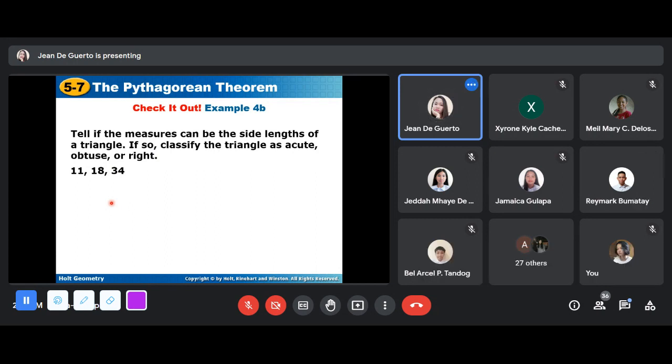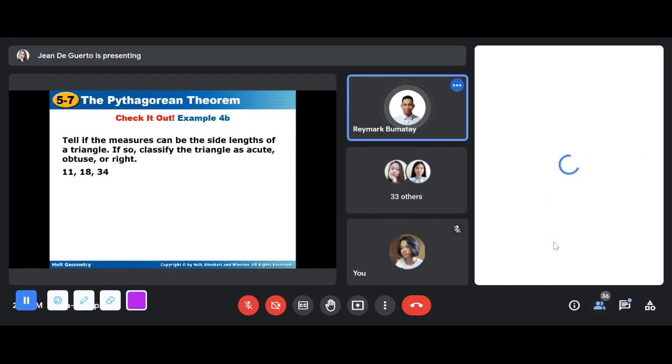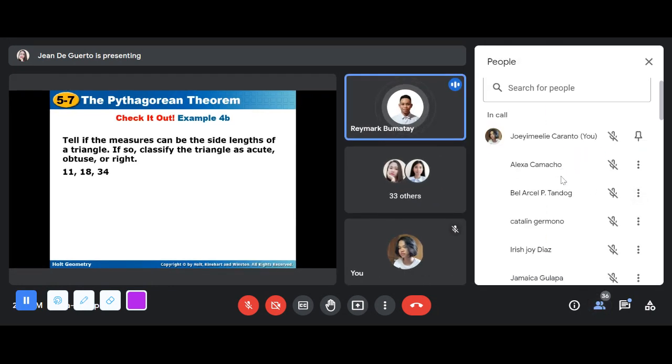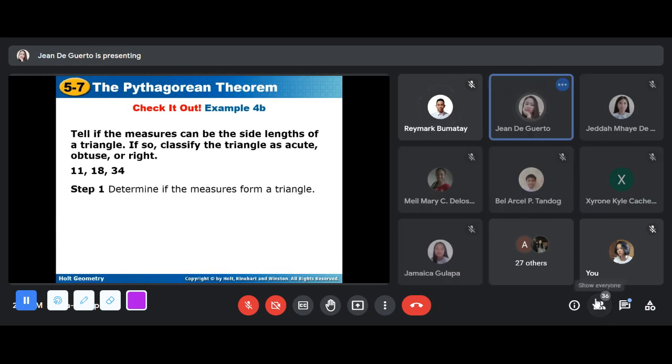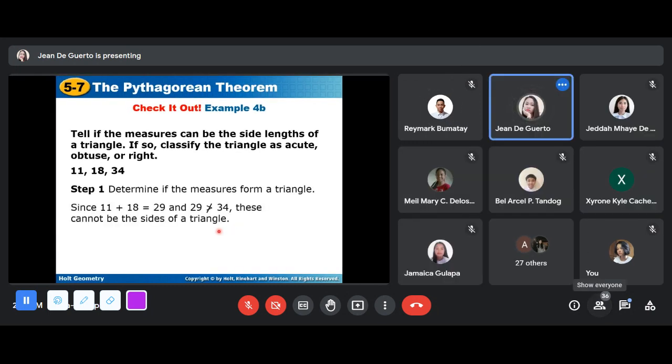Ma'am, no po. Why? Ma'am, because 11 plus 18 is equals to 29, which is not greater than 34. It is less than 34. Okay?